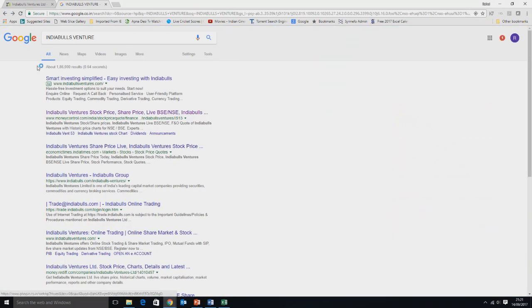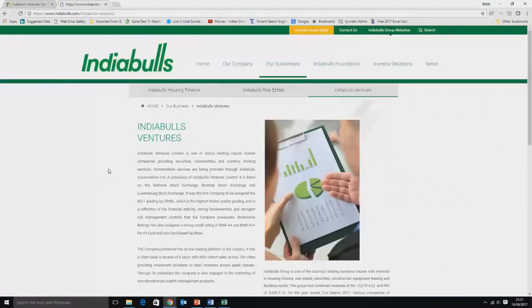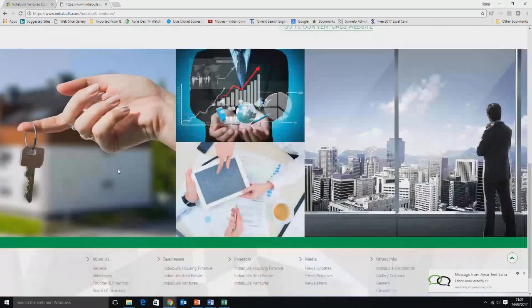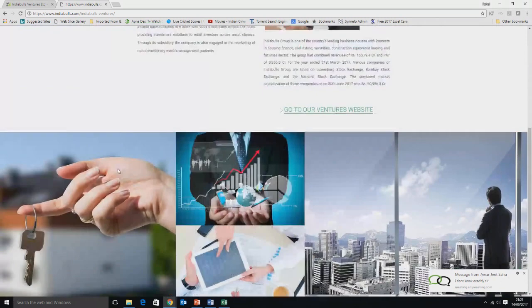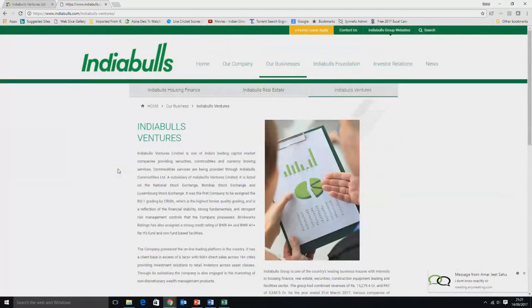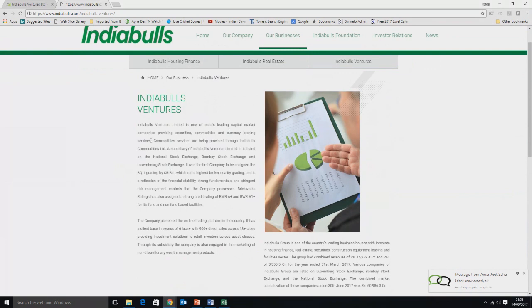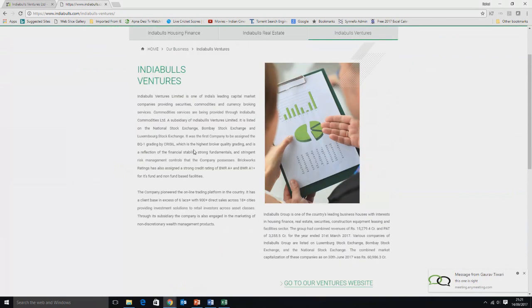India Bulls. Yes, it is. It is one of the capital market companies providing securities, commodities, and currency broking services.